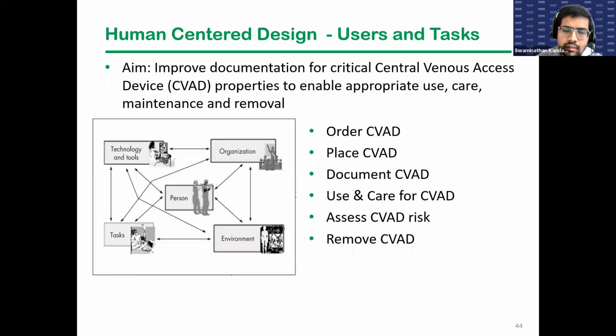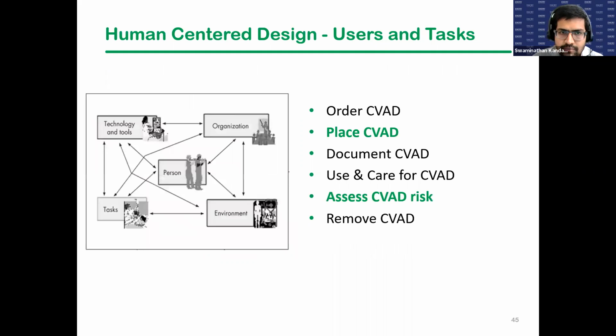That documentation helps with other uses, but also once the line is in place, people can use it for use and care. Then we need an ongoing risk assessment of the line itself. And then at the end, we do removal of CVADs.